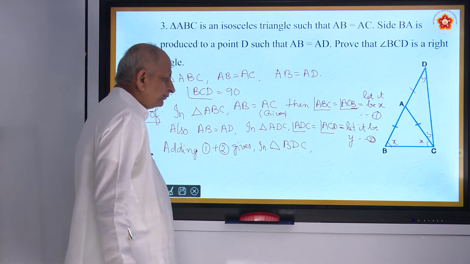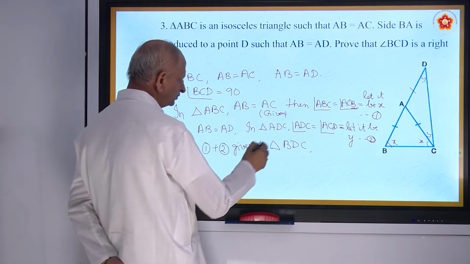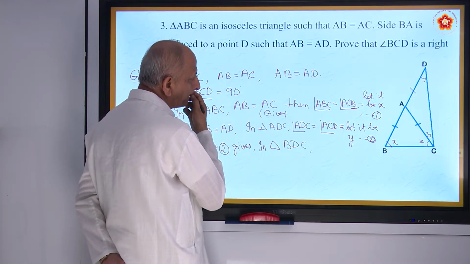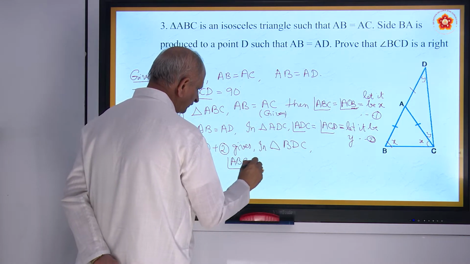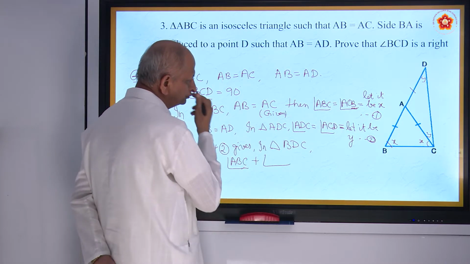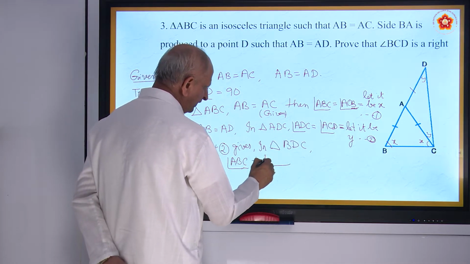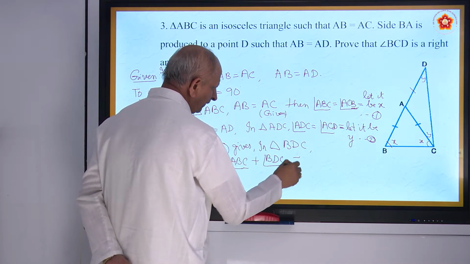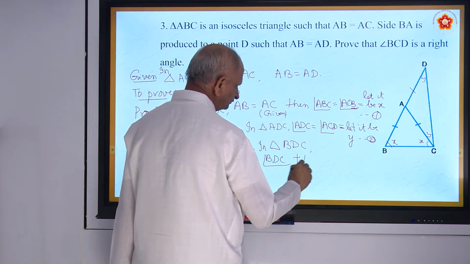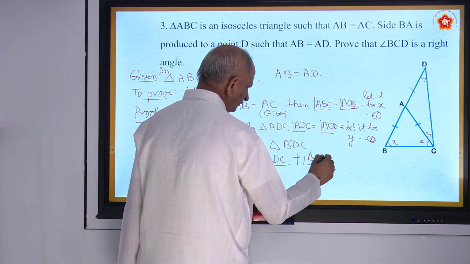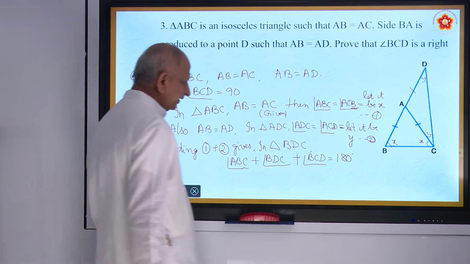What are the three angles? One is angle ABC, plus angle ADC or nothing but BDC, plus BCD is equal to the sum of the three angles, 180 degrees.